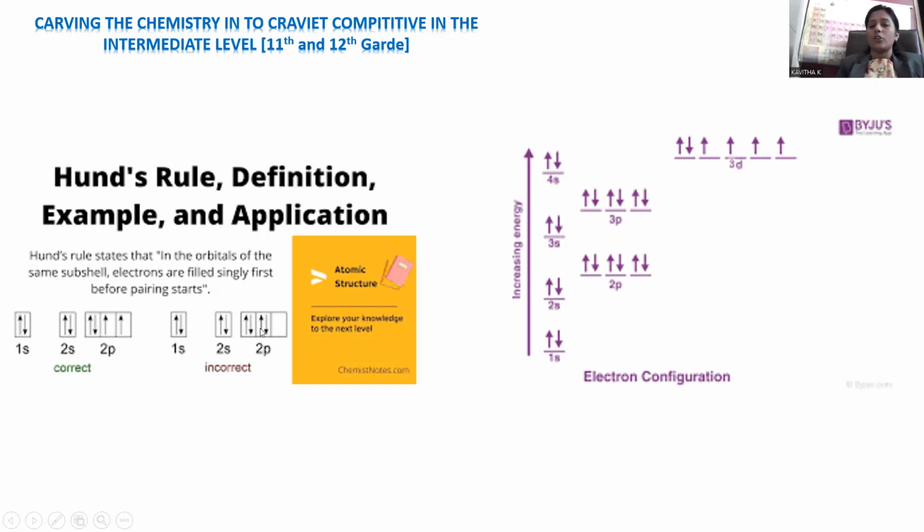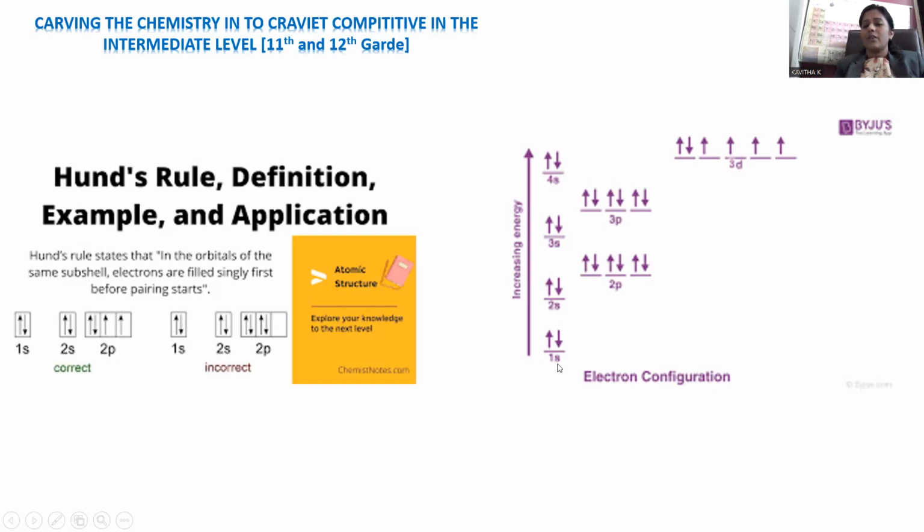After getting singly occupied, then only pairing of electrons is possible. That is called Hund's rule or Hund's principle. And this is also clearly explained over here. Moving like this, getting more electrons in 4s2, 3d, 1, 2, 3, 4, 5, 6 electron system, that is the iron element, the metal we are taking.